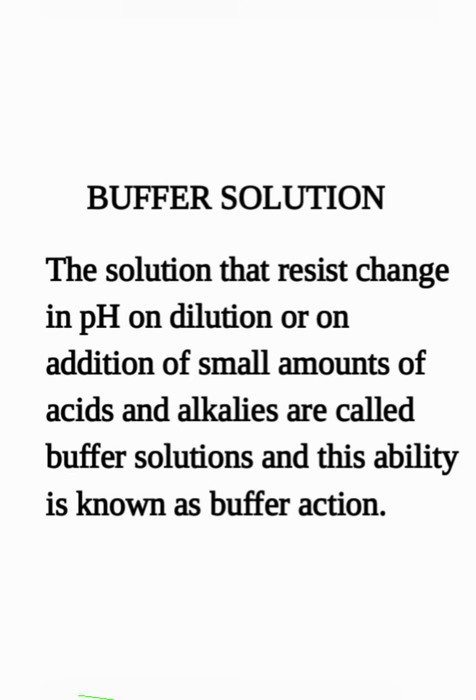So what is the question? Why does the pH of our blood remain almost constant at 7.4, though we quite often eat spicy food? Even though we are having spicy food, why does the pH of our blood remain constant? The answer is that blood is a buffer containing carbonic acid and bicarbonate anions.